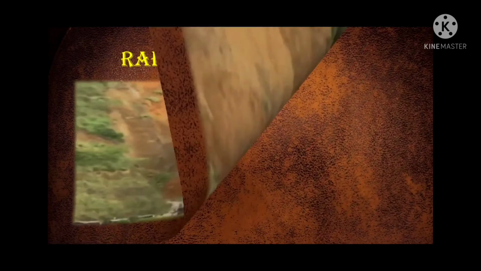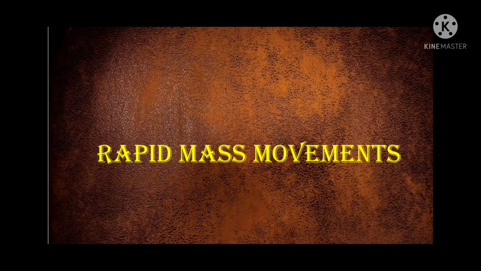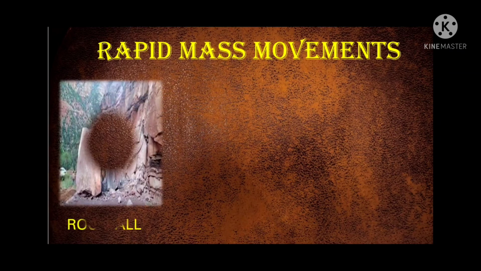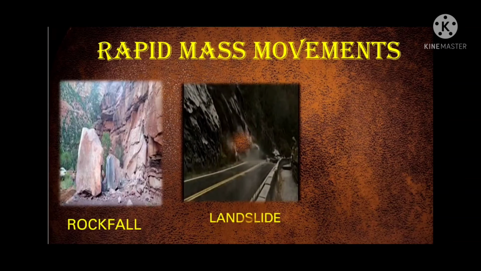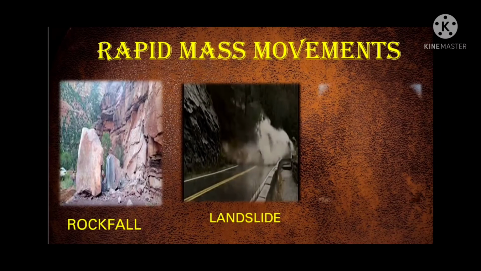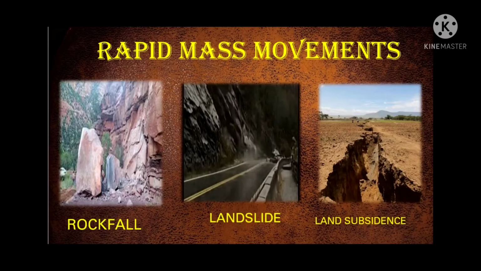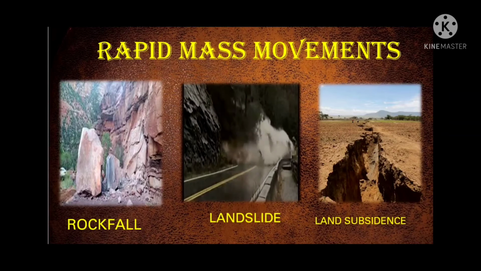In rapid mass movement, children, rocks fall, land slides, and land subsides. As you all can see in the picture, rocks fall, land slides, and land subsidence.